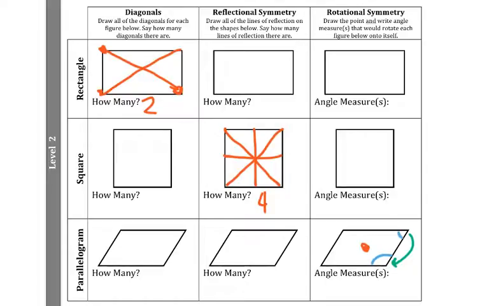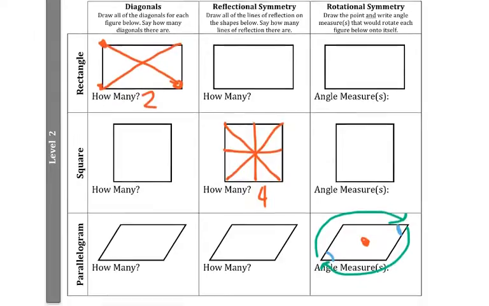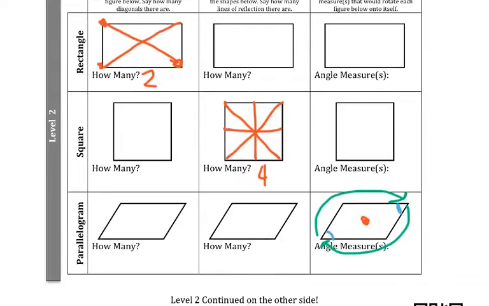So it seems to me like I need to rotate, well yeah, because above we talked about how opposite angles are the same. So I need to rotate it so that this angle ends up on that angle there. And I could do that twice. So it seems to me like I could rotate this shape 180 degrees or 360 degrees and it would land on itself.